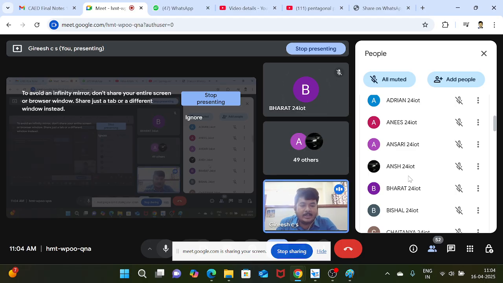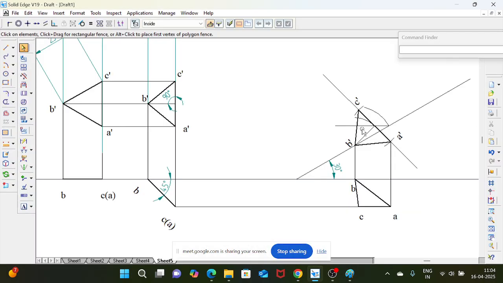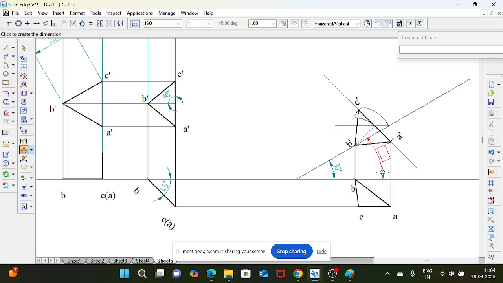So try to solve this problem. I will give 10 minutes time. Try to solve this problem in manual drawing. When you come to the next class, lab, I will check your solution book. Whatever problems have been covered till now should be solved. If anyone has doubts, kindly ask me. I will allow you 10 minutes.